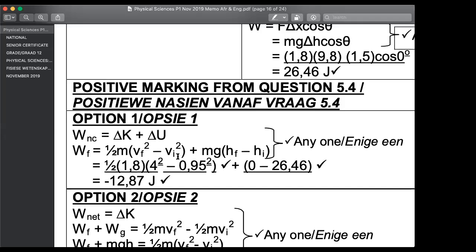Plus your mass 1,8, gravity 9,8, and your final height is 0 because it's on the ground. We'll take that point as the lowest point, and your initial height was 26,46.